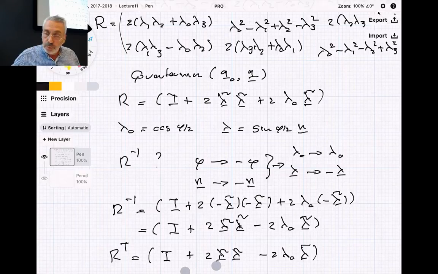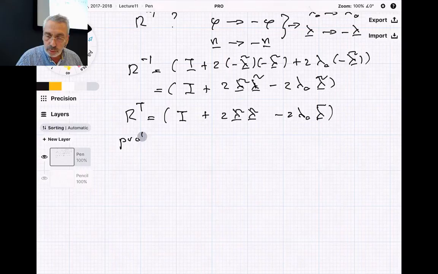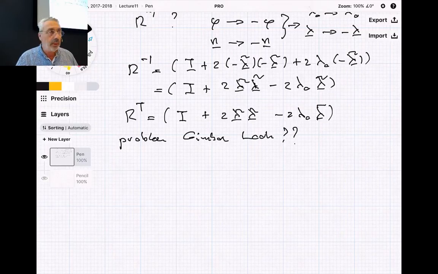So the last part, which we still have to resolve, is the problem we had. Because why are we doing this? Not because we like to sit together here and talk a lot of mathematics, but we had a problem. Our problem was gimbal lock. And the big question is, do we have that same problem here?